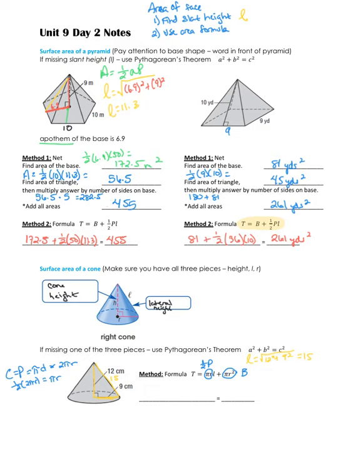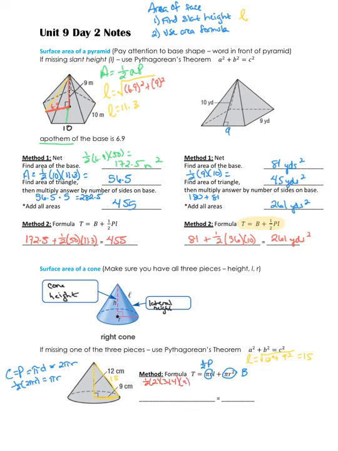Okay, let's do the math. So pi times r times l, half the perimeter. Well, the radius is 9. Perimeter is 2 pi r. Excuse me. So let's do 1/2 times 2, 3.14.